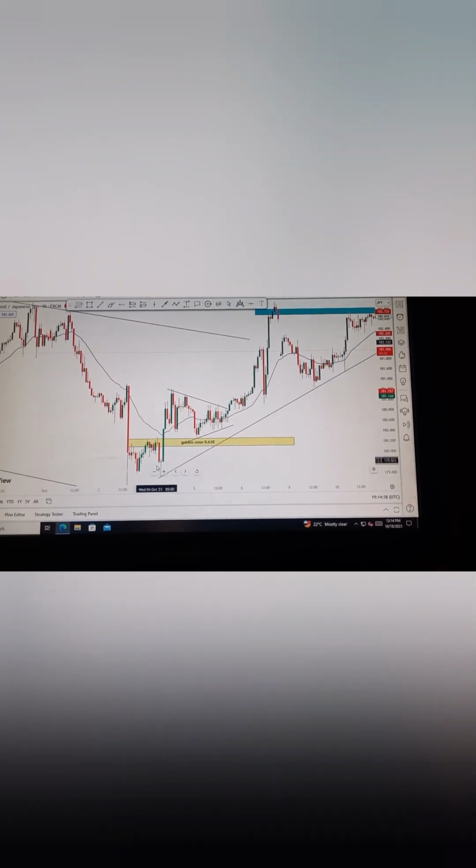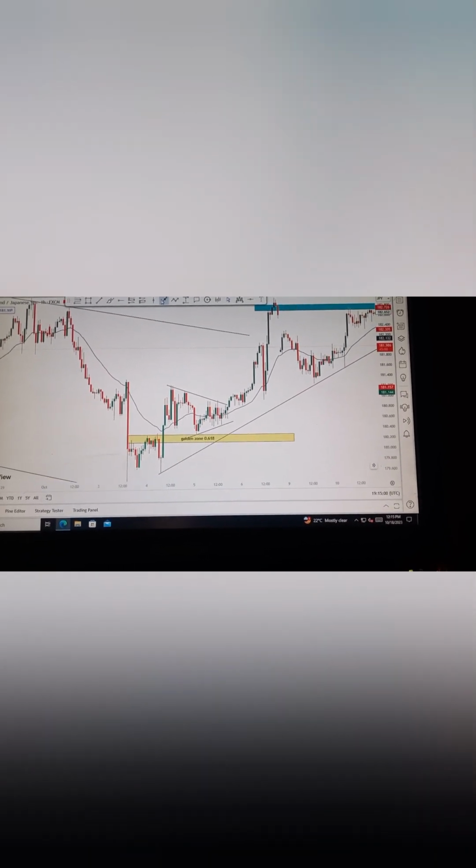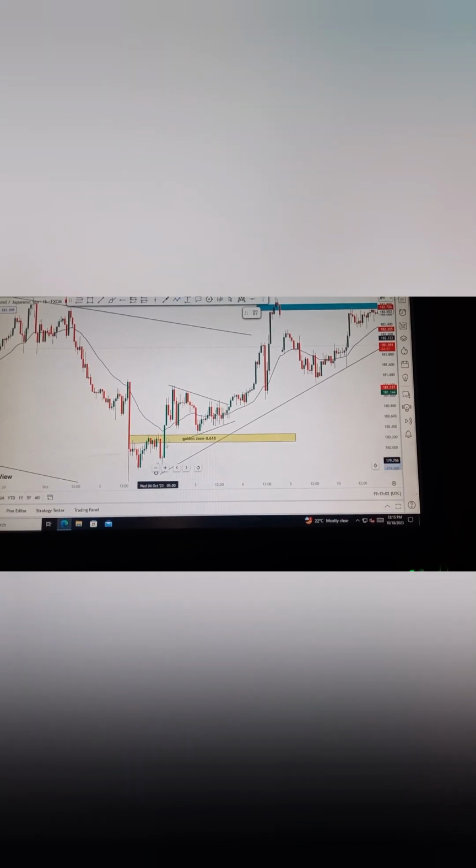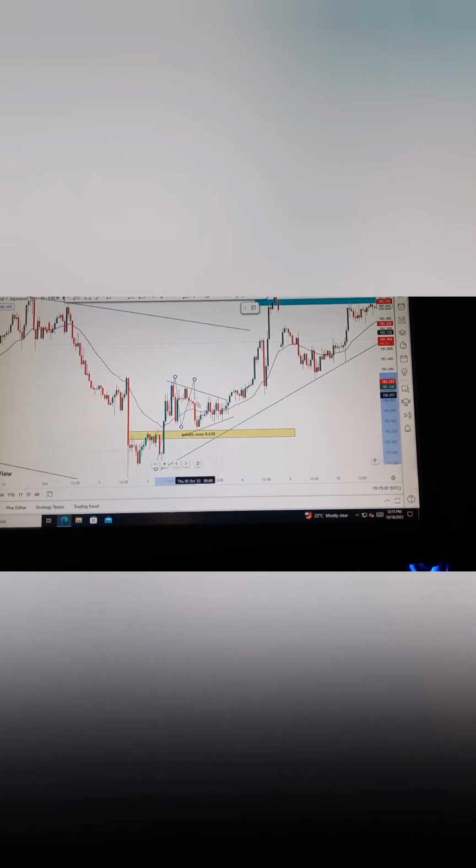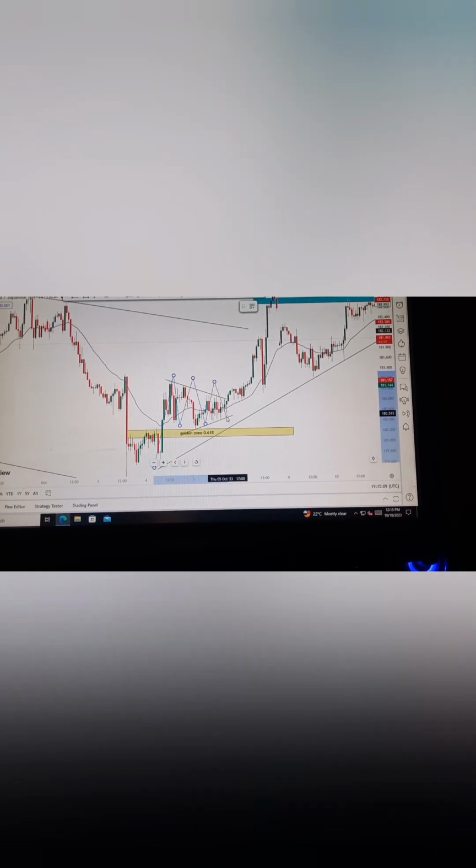As you can see here, we had nature's theory. We had that impulse you saw, then we had the correction, then we're waiting for the impulse.